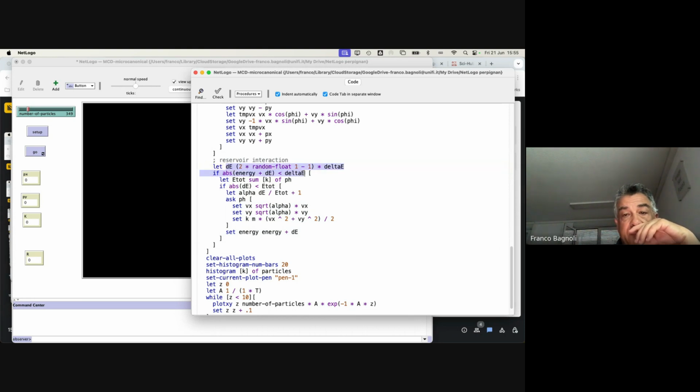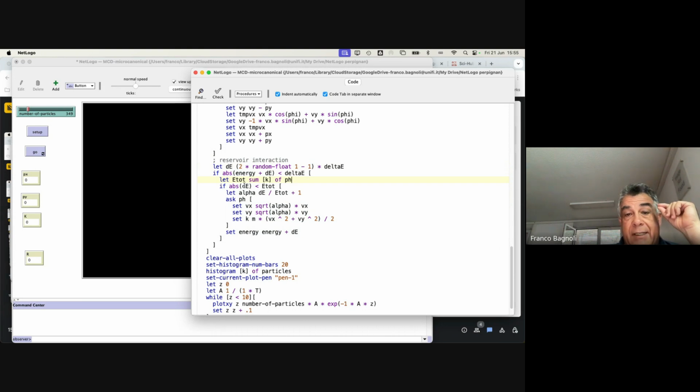So I compute a possible local fluctuation of energy from minus delta A to delta A. If there is room in the local reservoir for this fluctuation, I try to apply it, because I computed the total energy of the particles there.